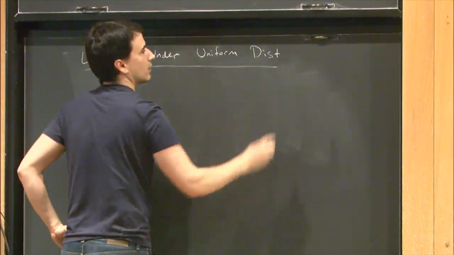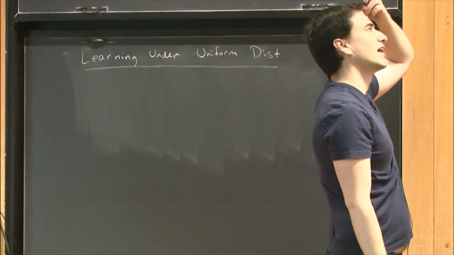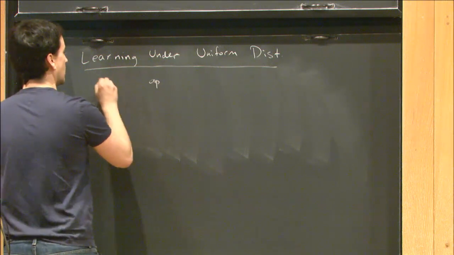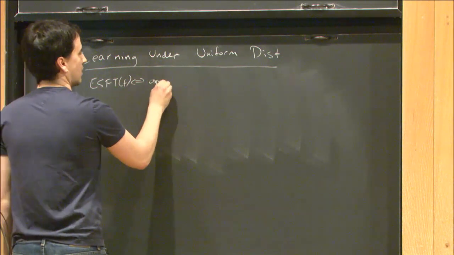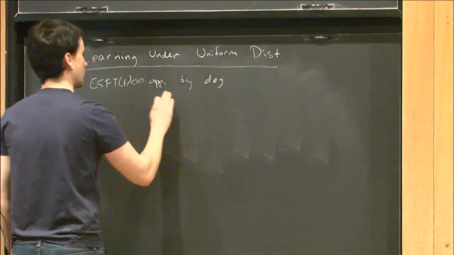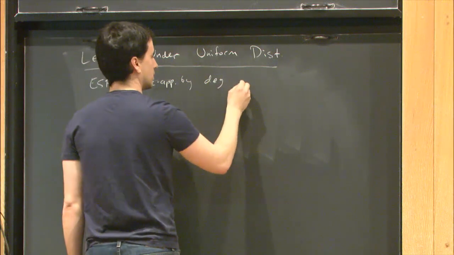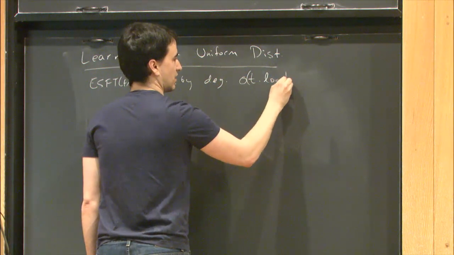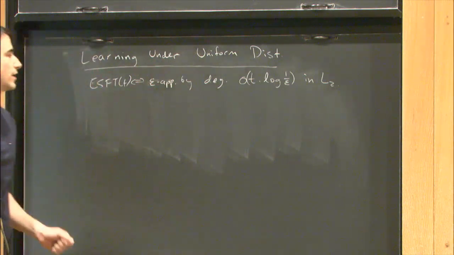Okay. So we know that if we have exponentially small Fourier tails, we are epsilon-approximated by degree t log 1 over epsilon in L2.